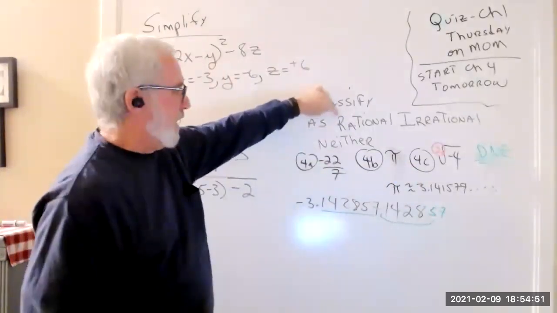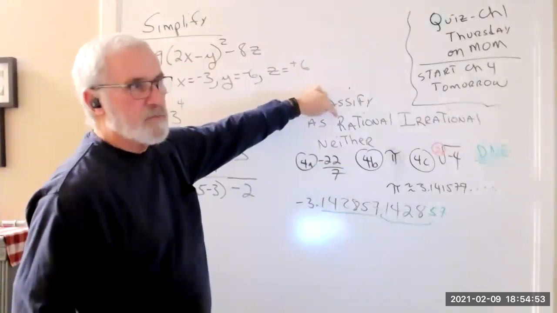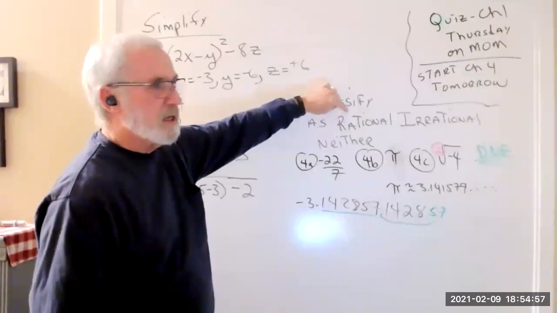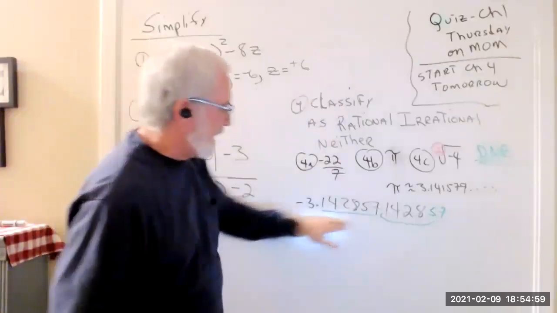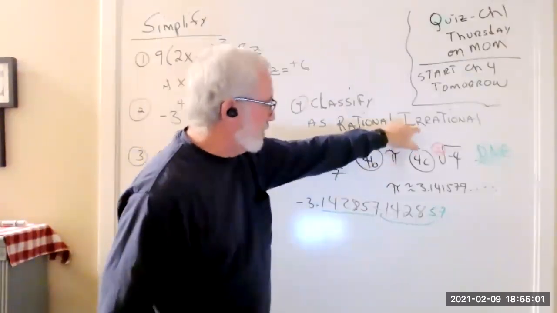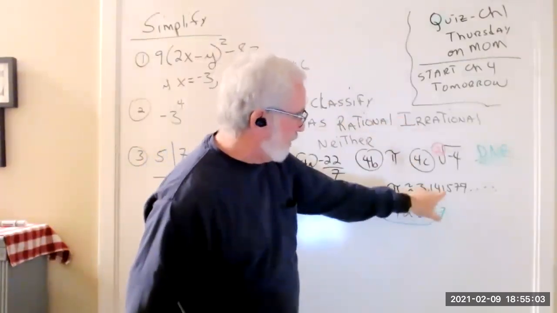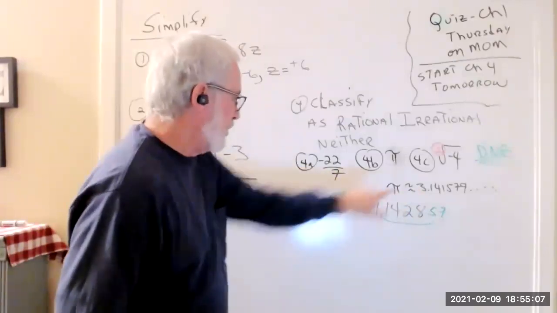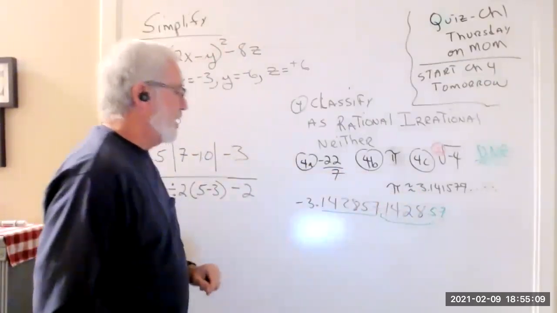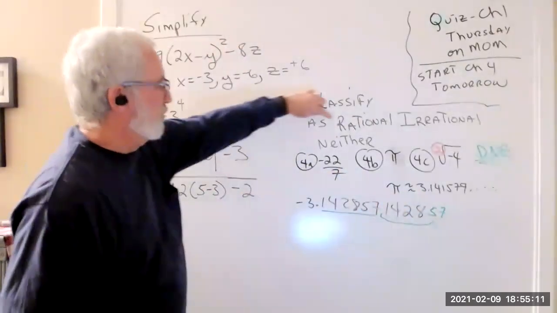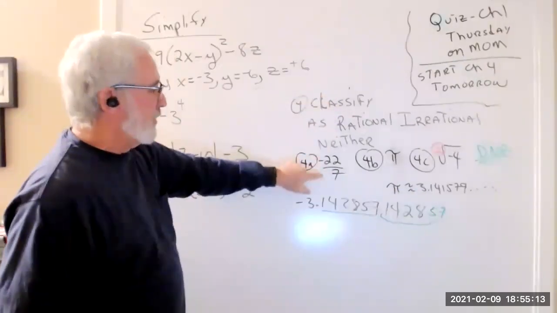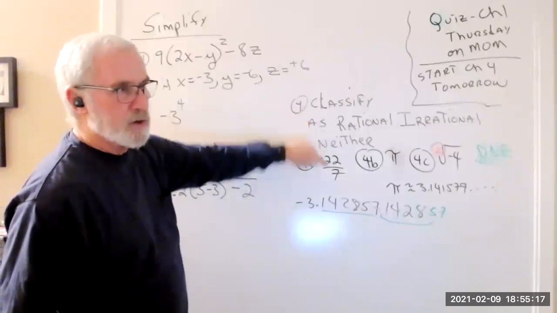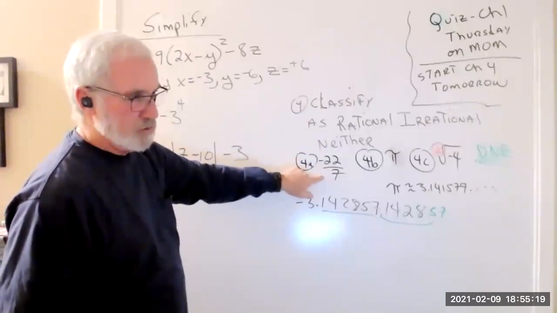Okay, a rational number is a decimal that can either stop or repeat a pattern. An irrational is a decimal that goes on forever and never repeats a pattern. So these two are very close to each other, but they're not the same. There's also another definition of rational, and that is anything that can be written as a fraction where the top number is an integer and the bottom number is an integer.